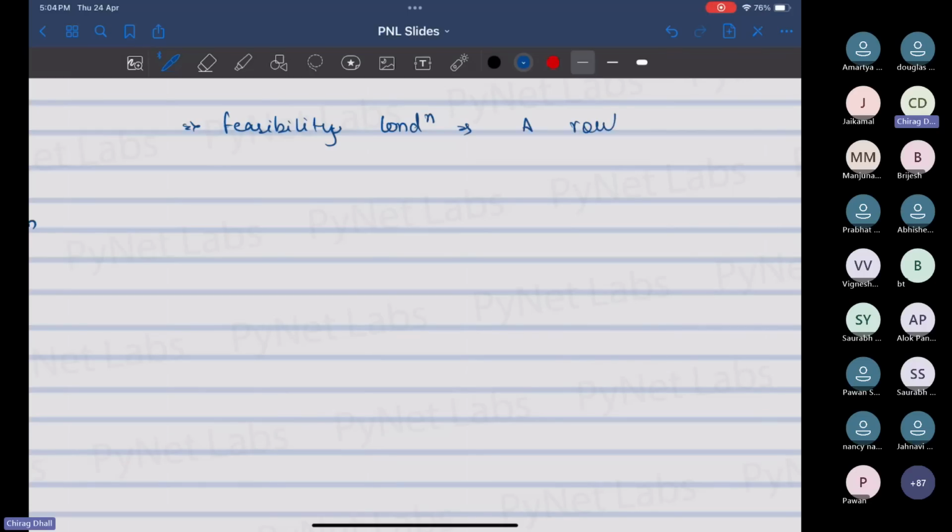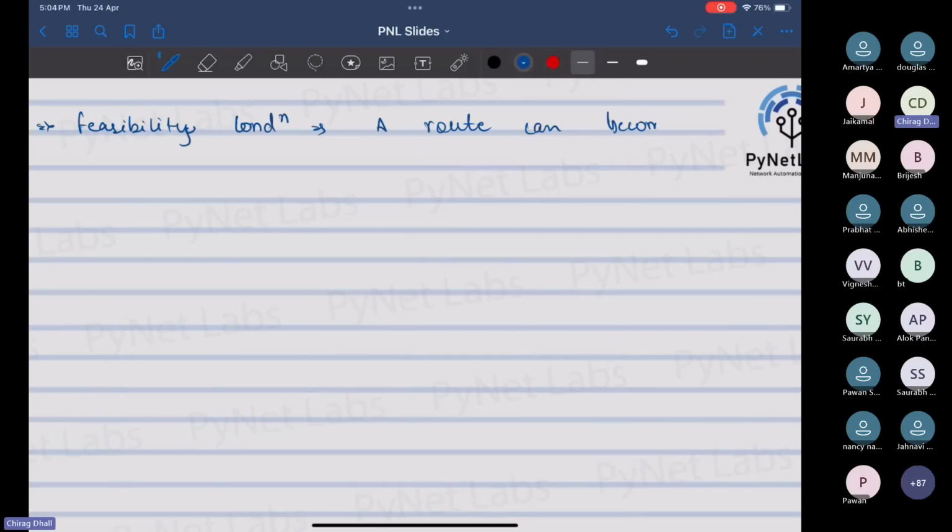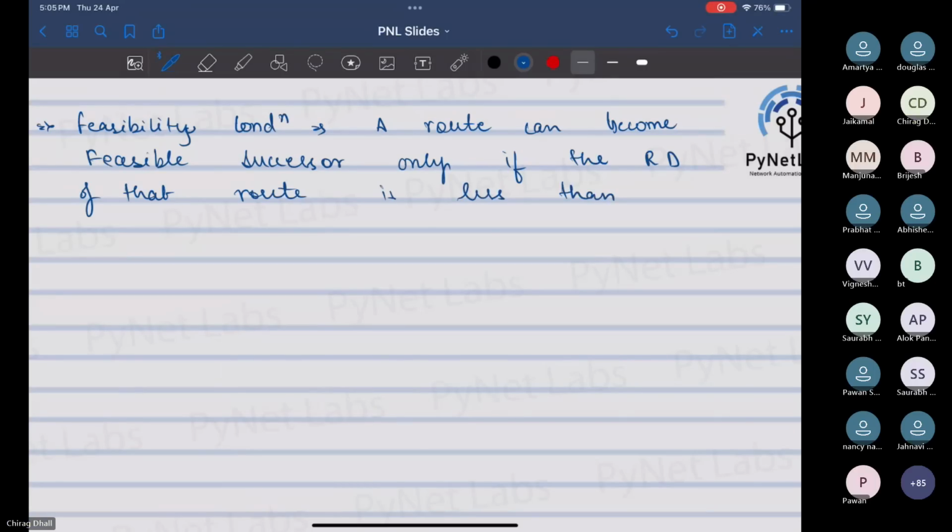It says a route can become feasible successor only if the reported distance of that route is less than the feasible distance of the current successor.